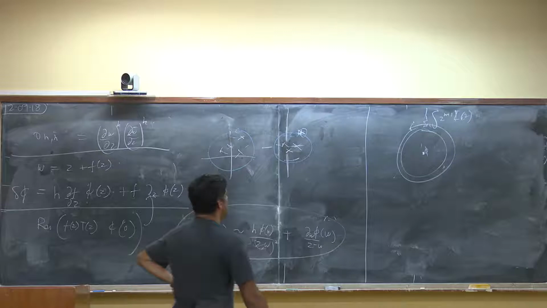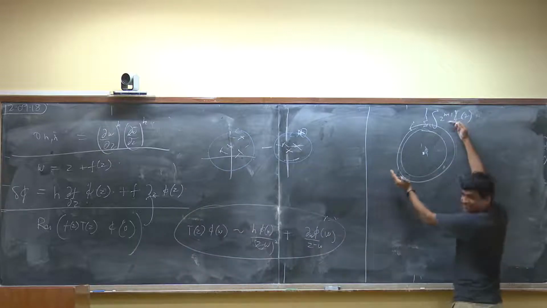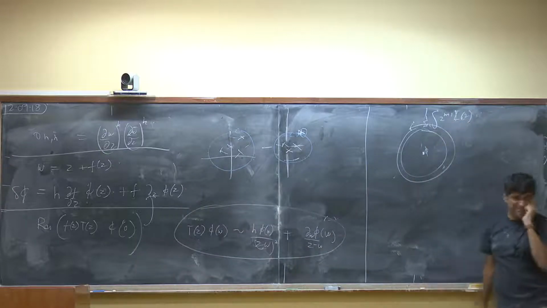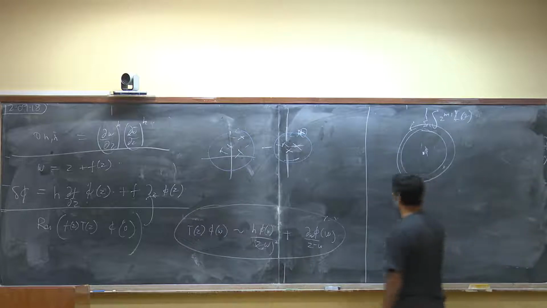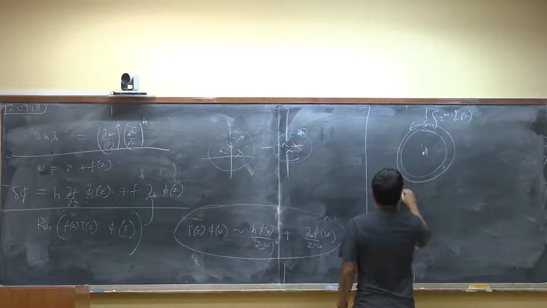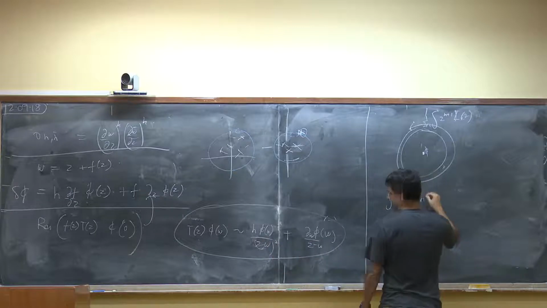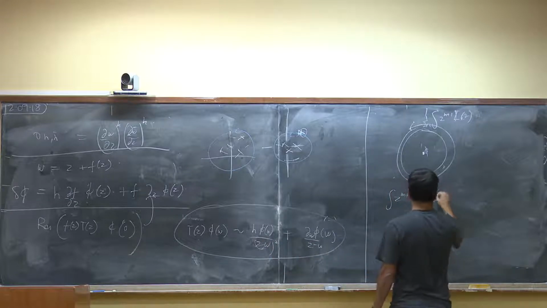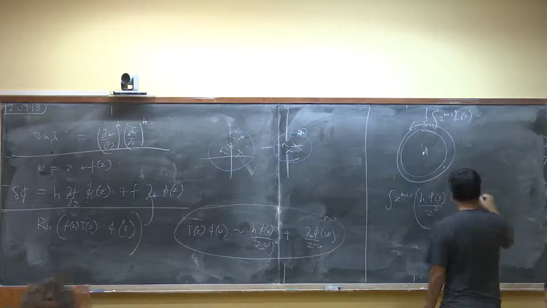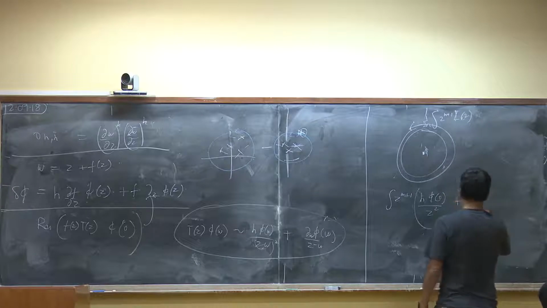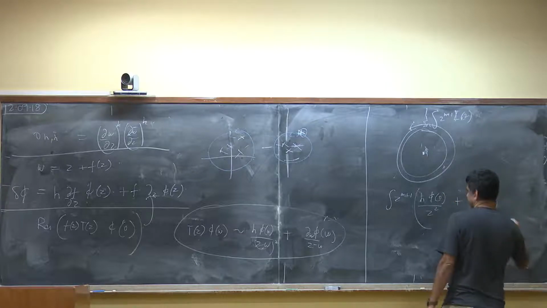Let's see. So now what we do is to shrink this contour and use the OPE. So we want z to the power m plus 1, and then we get h times phi of 0 divided by z squared plus del_w phi by z, dz.